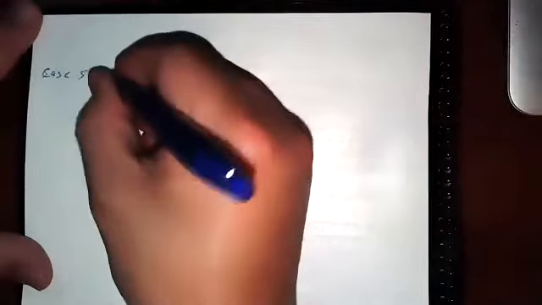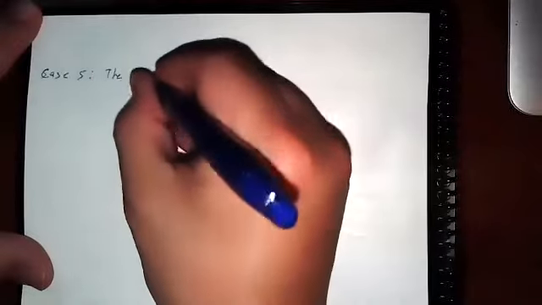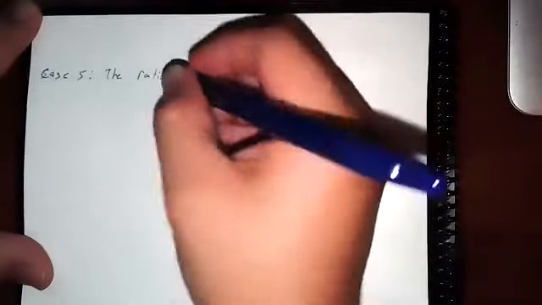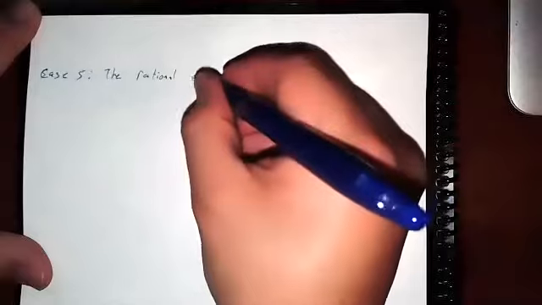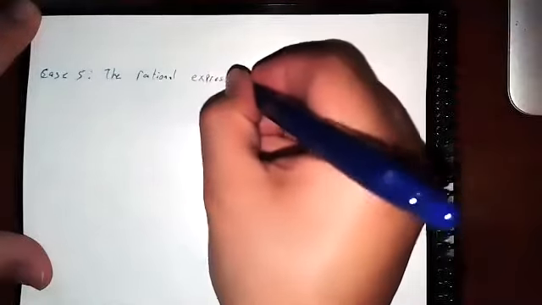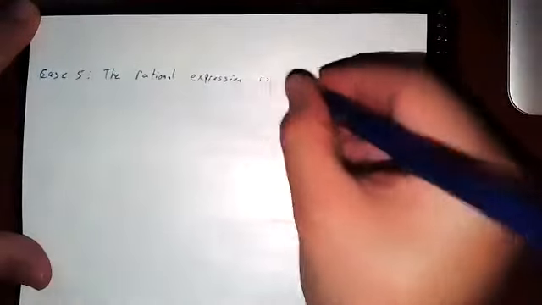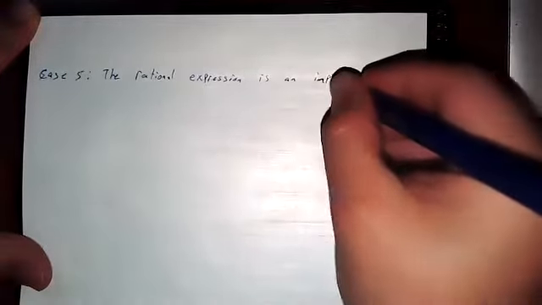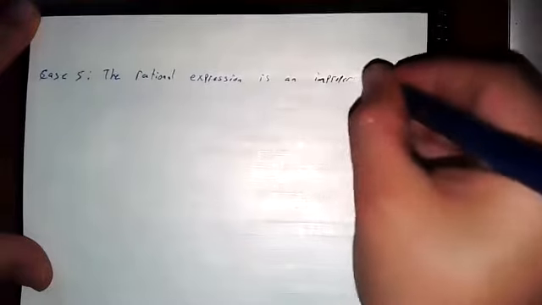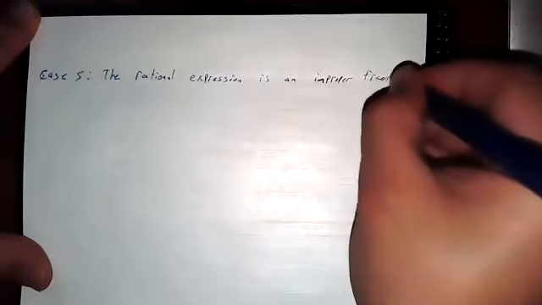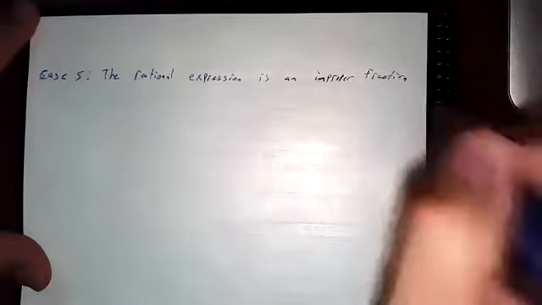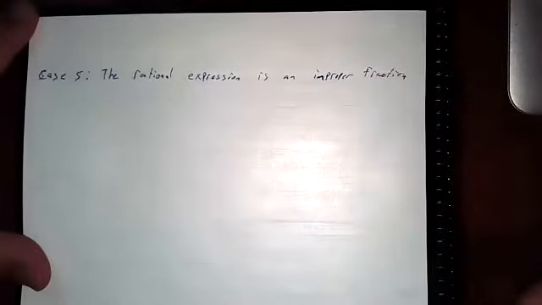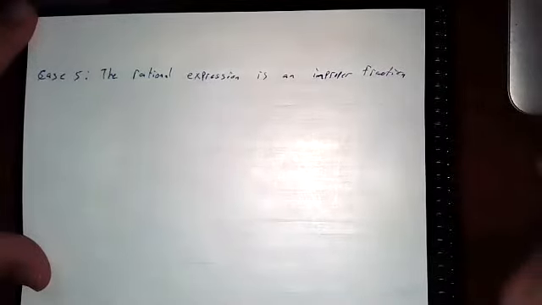Case 5, the irrational expression is an improper fraction. So basically, if the degree of the top is bigger, we consider it to be improper.